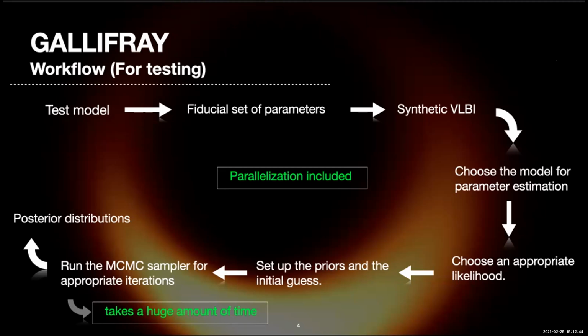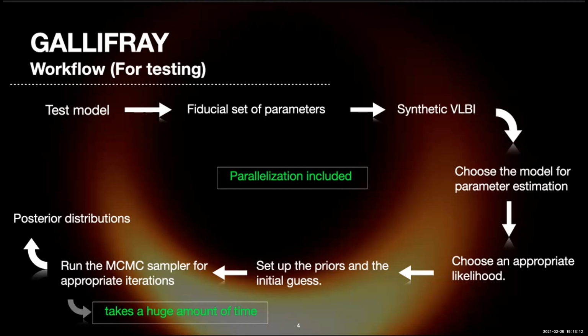Then we choose a model for parameter estimation, choose an appropriate likelihood, construct the priors with some initial guesses, and run the MCMC sampler over those models. Then we extract the uncertainties and the recovered parameters from the posterior distributions.